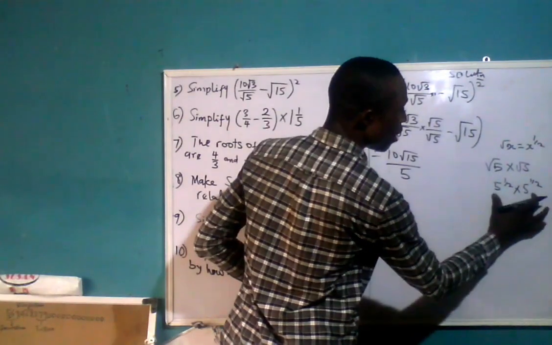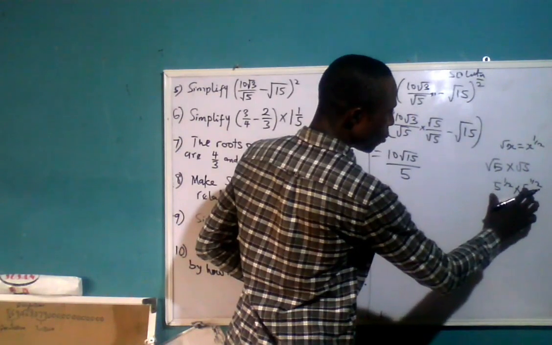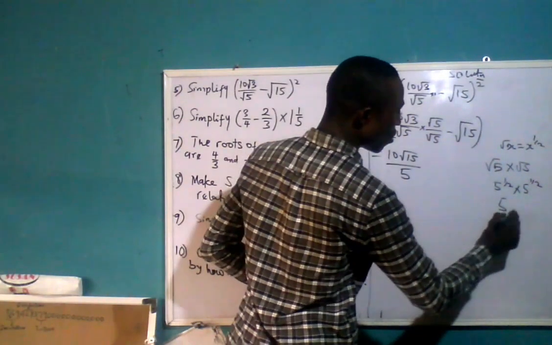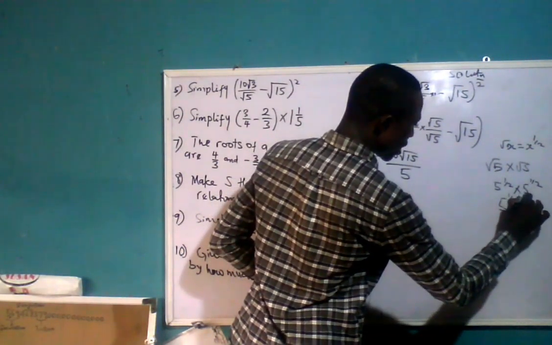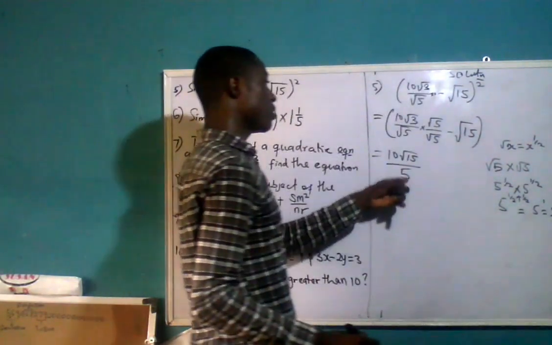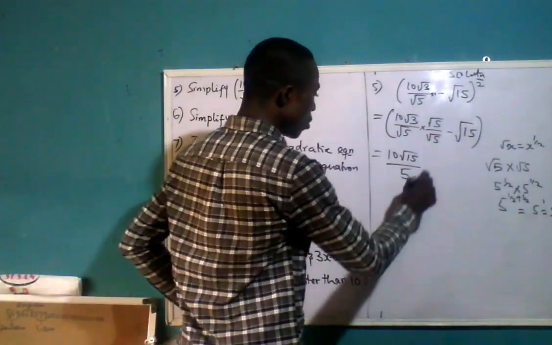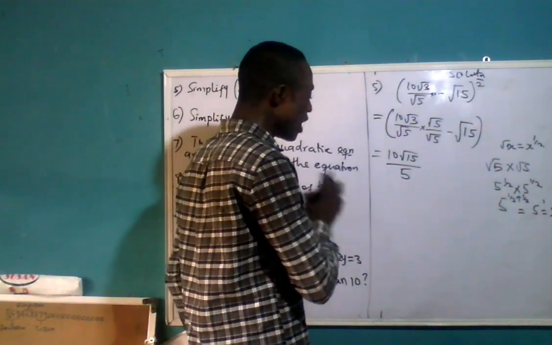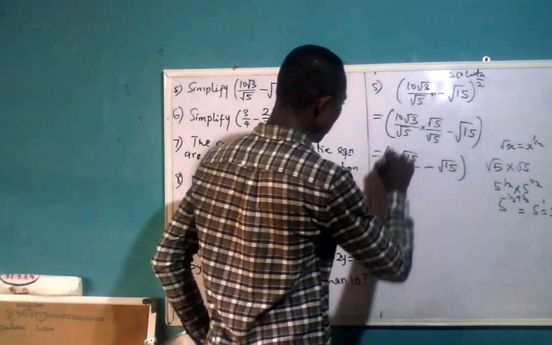And you know that once you have common bases, in the law of indices, we are told to take one of the bases and add up the indices. So you have half plus half, of course, that will give you 1. So you have 5 raised to power 1, which will be 5. So that's how we get this: root 5 times root 5 will give you 5. And that is a standard rule, a law. It's applicable anywhere, anytime. Then you have root 15, close brackets.